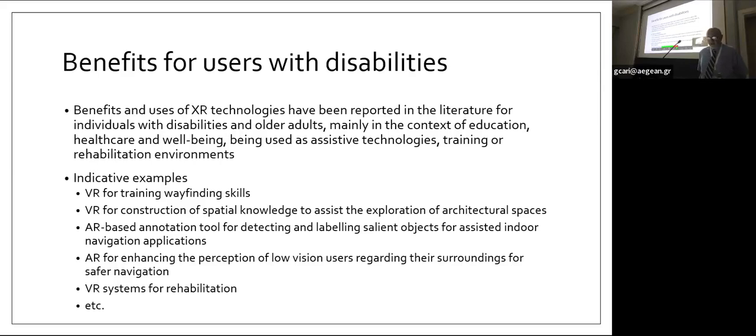Benefits and uses of XR technologies have been reported in the literature for individuals with disabilities and older adults, mainly in the context of education, healthcare, and well-being.